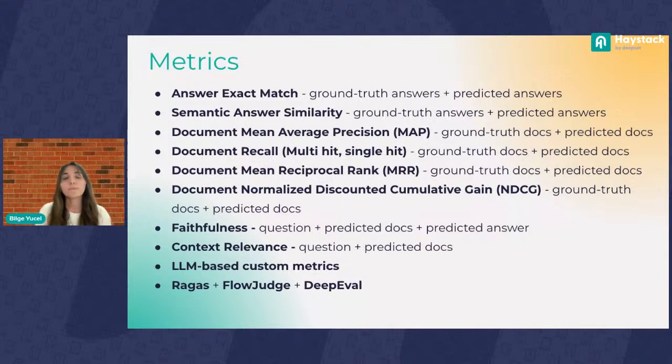And then if you'd like to use other pre-made metrics out there, you can use evaluation frameworks such as RAGAS, FlowJudge, and DeepEval. FlowJudge is more like a model provider for evaluation, so it comes with its own models as well. For RAGAS and DeepEval, you choose your own model.